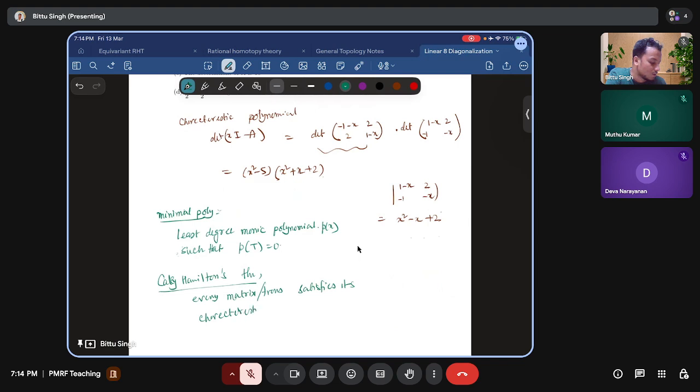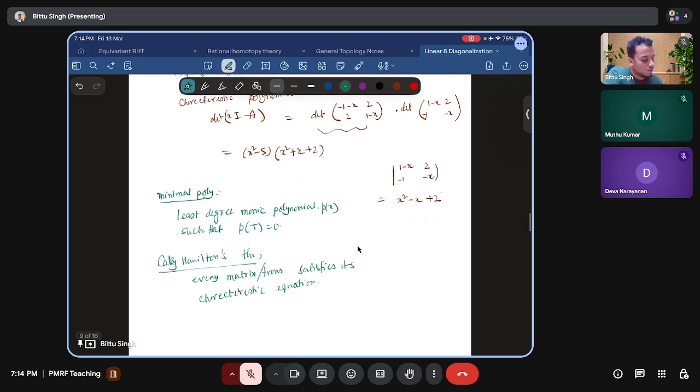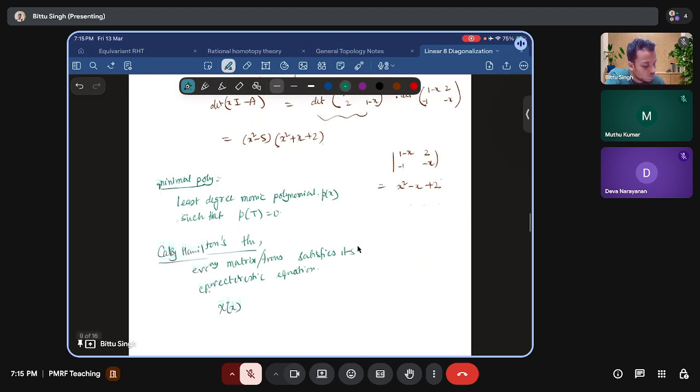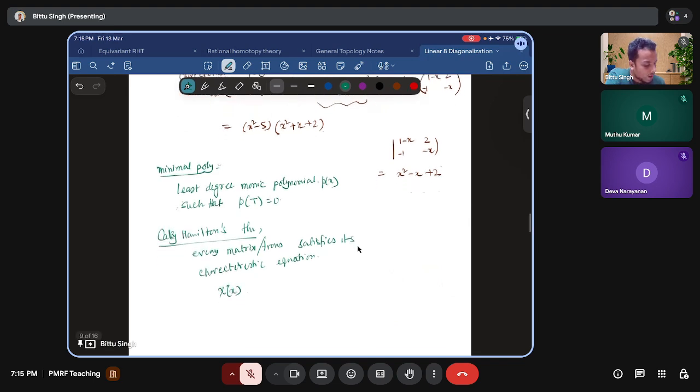So if we take the characteristic polynomial chi(x), then it should be clear that chi(T) is also 0, right?